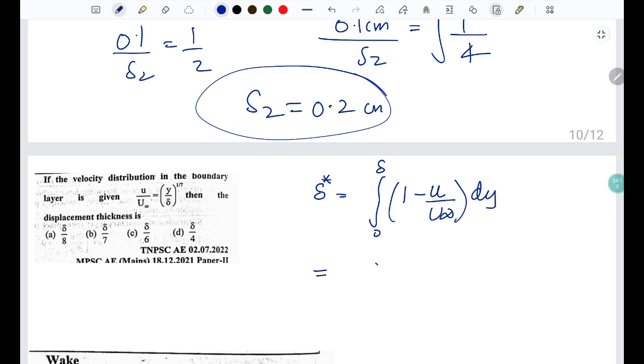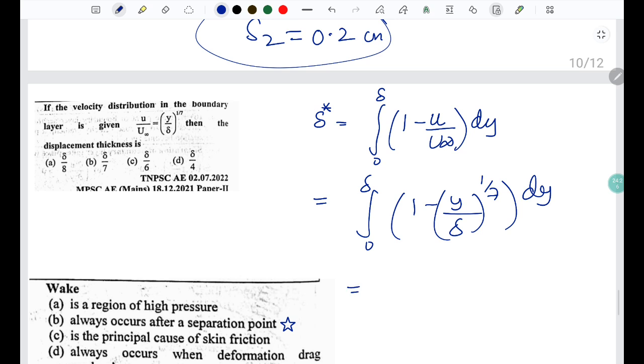We'll simply calculate it: 0 to delta of 1 minus (y by delta) to the power 1 by 7 dy. While calculating, we find y minus 1 by delta times integration of y to the power 1 by 7 dy.